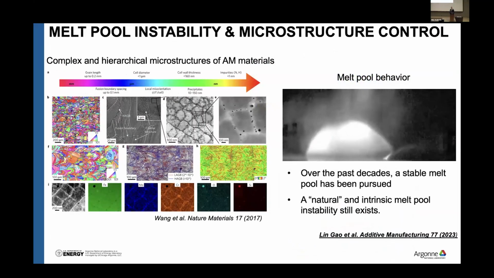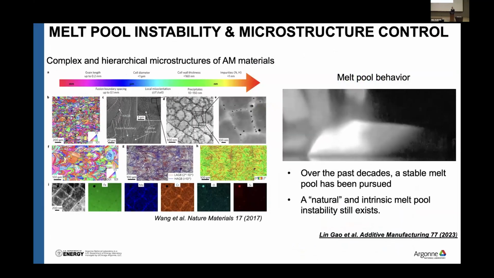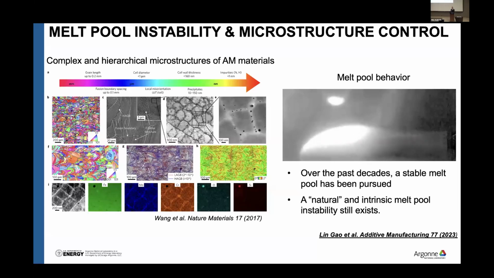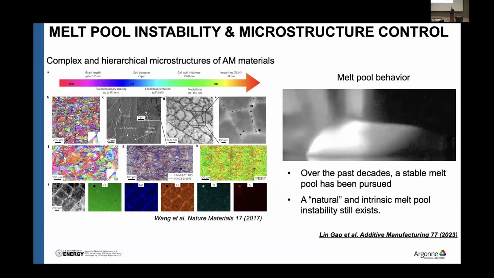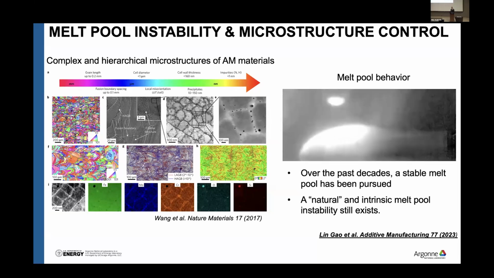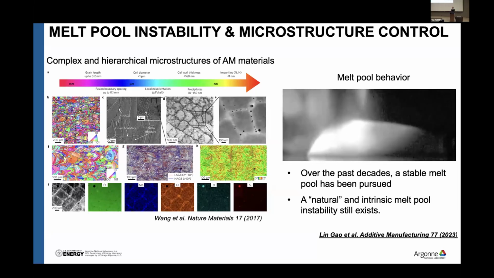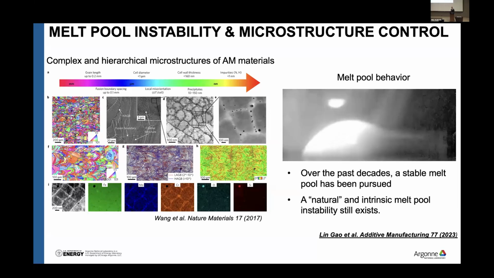And because the molten pool typically has very complicated thermal conditions, additive manufacturing will typically generate materials with very complicated and hierarchical microstructures, from the micron scale to the nanoscale. So the current objective of additive manufacturing is to achieve better microstructure control, because that is very essential for the practical application of additive manufacturing products in specific industrial applications.